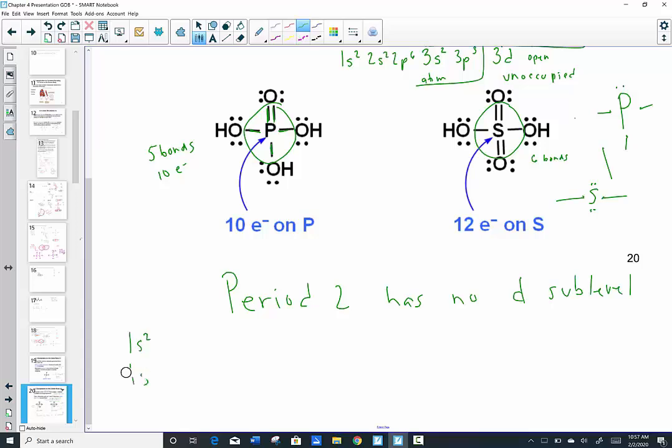And in the 2nd energy level, we said that we had a 2s2, 2p6. That's it. Since there's no d sublevel before we reach the 3rd energy level, there's no chance that a 2nd row element can ever break the octet rule. So it will never break octet.